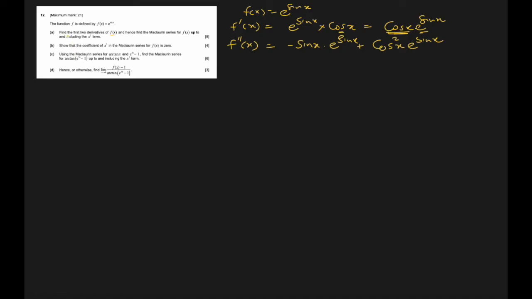They're saying first find those two derivatives and the Maclaurin series up to x square. Let's go to the Maclaurin series.